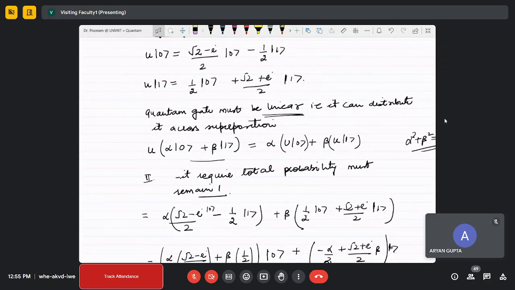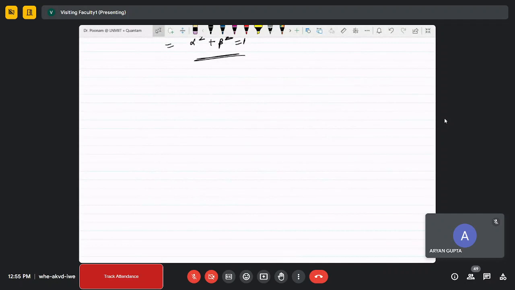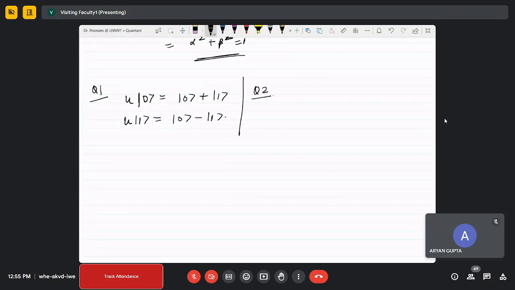Okay, let me give you one question also, and this is today's task. Just do it. In tomorrow's class, I will discuss the solution if you're not able to do it. There are simple questions. One simple question is, again, we have a U gate which is doing this transformation. You have to check whether this gate is a valid gate or not.